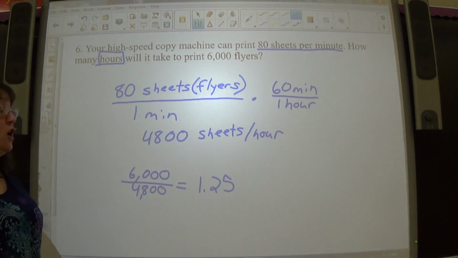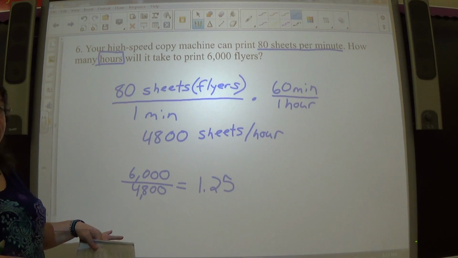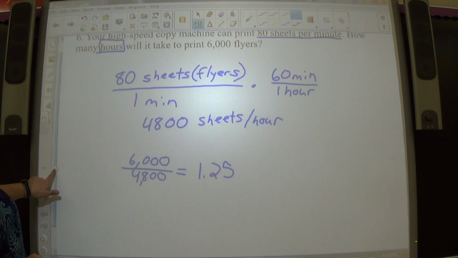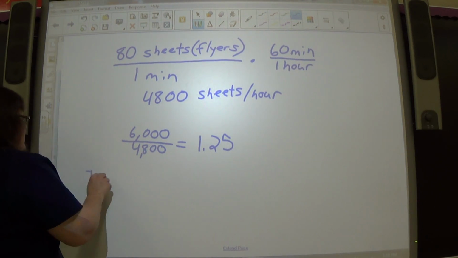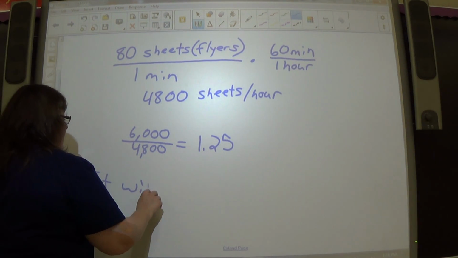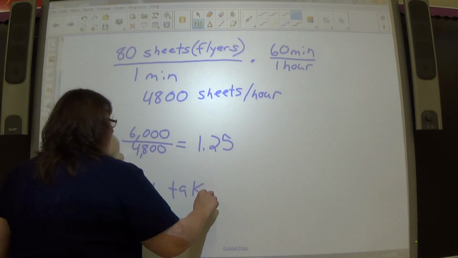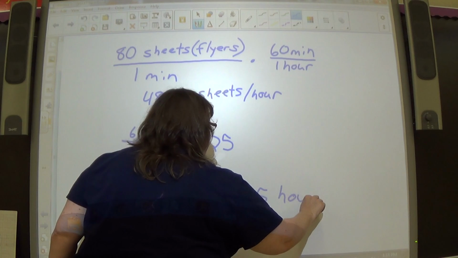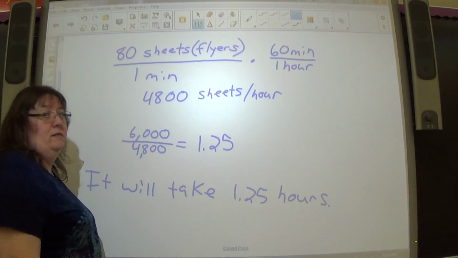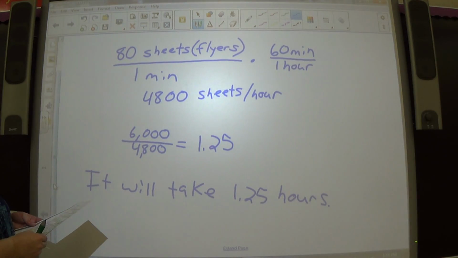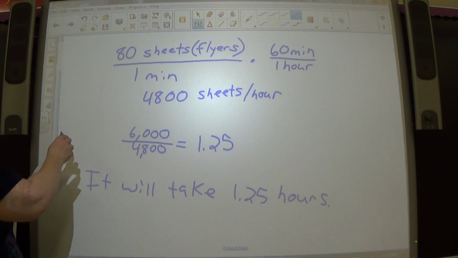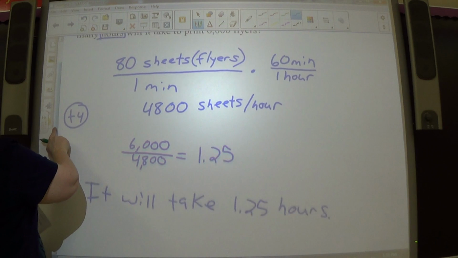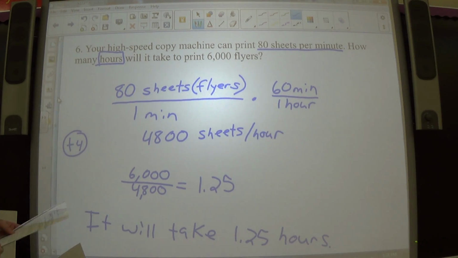There's your hours. You don't change that into 25, that's a quarter of an hour, that's 15 minutes. Don't change it, okay? Your answer is, it will take 1.25 hours. Done, okay? And this one was worth 4 points, okay? So there's that.